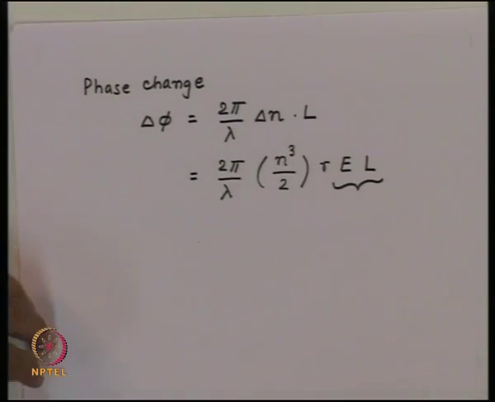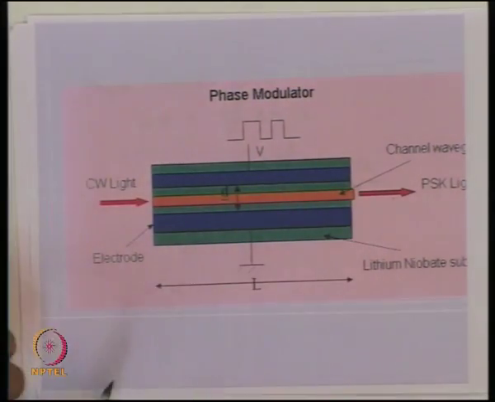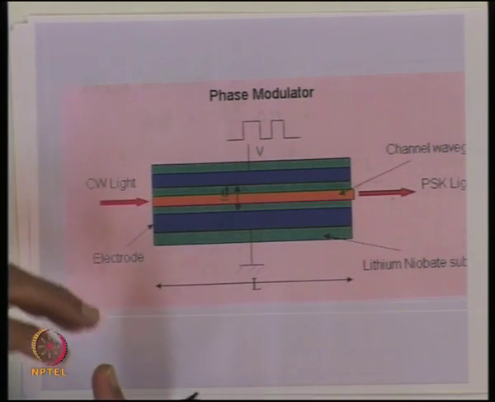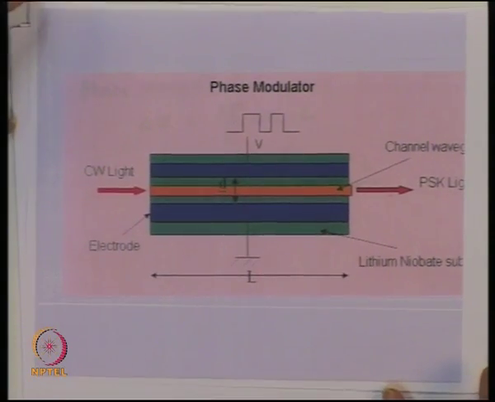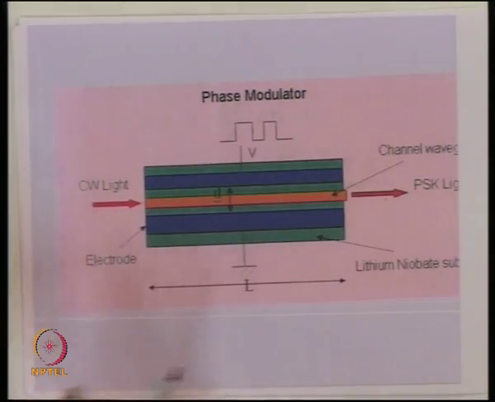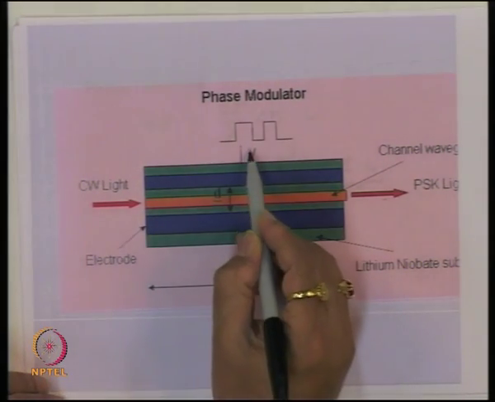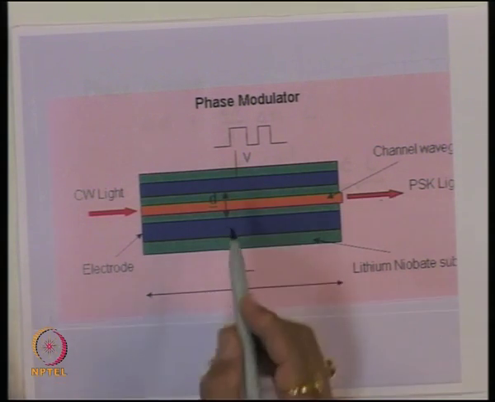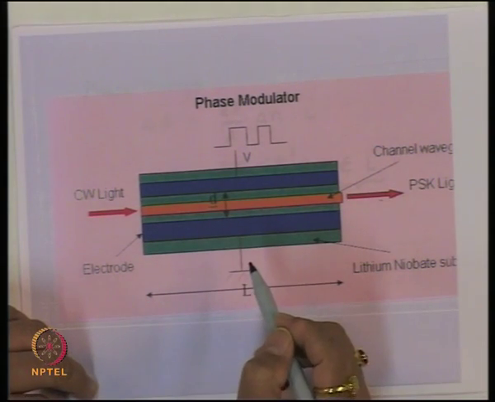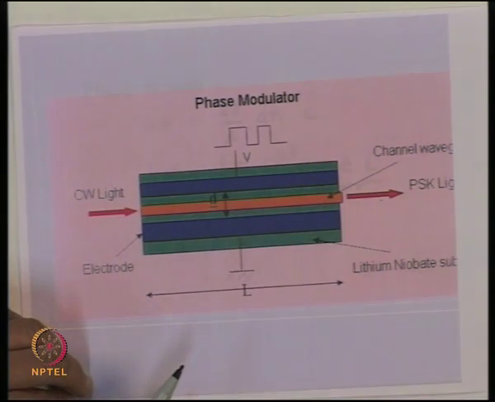Also, we have to create certain mechanisms by which the electric field is large for the typical voltages which you can apply to these devices. Let us say we are going to apply signals typically of the order of 10 to 15 volts. Then the electric field can be enhanced by decreasing the separation between the electrodes.